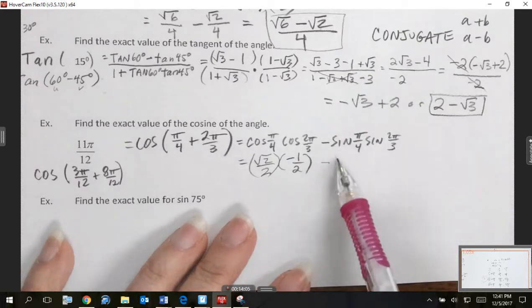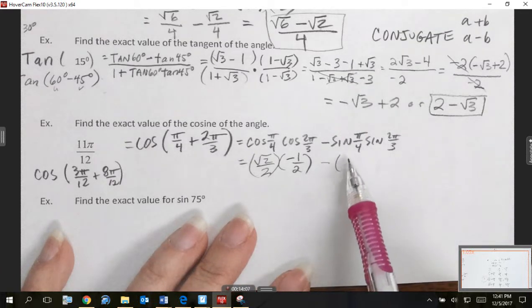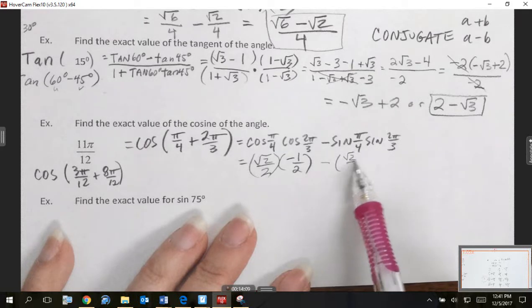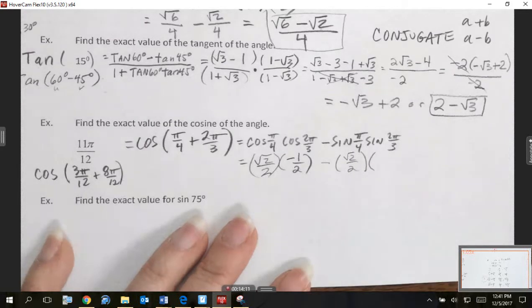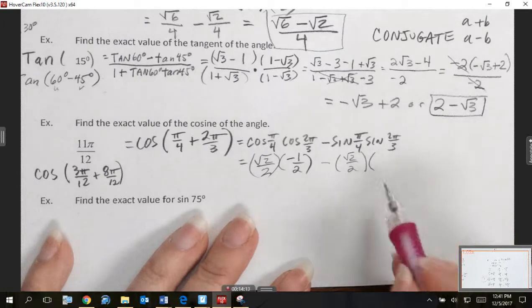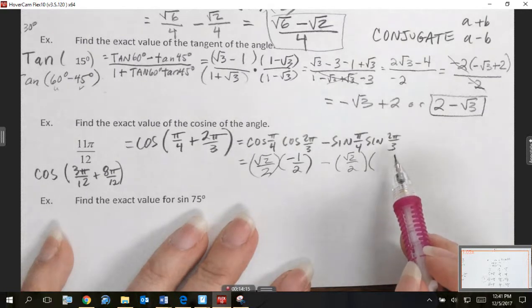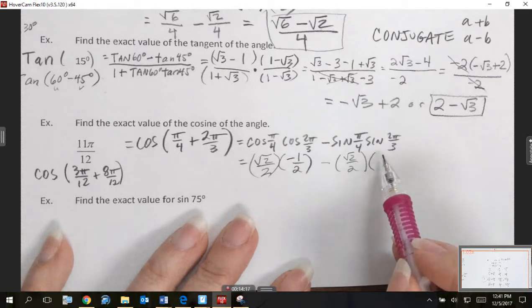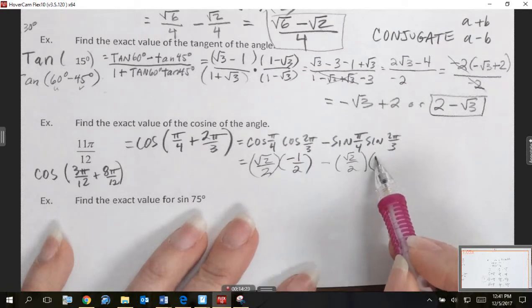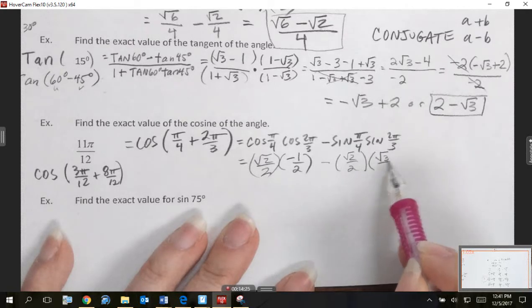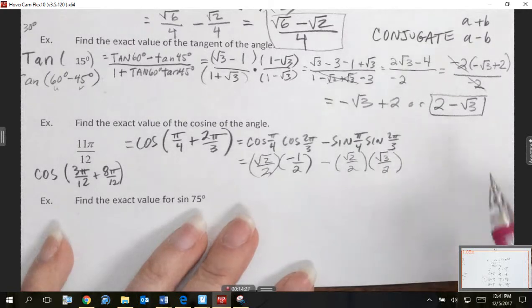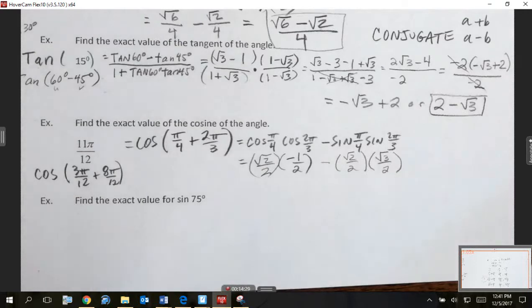And we do minus, and then sine at pi over 4, and sine at 2 pi over 3. Is sine positive or negative in the second quadrant? It should be positive. Sine is the y, and y goes up in the second quadrant.